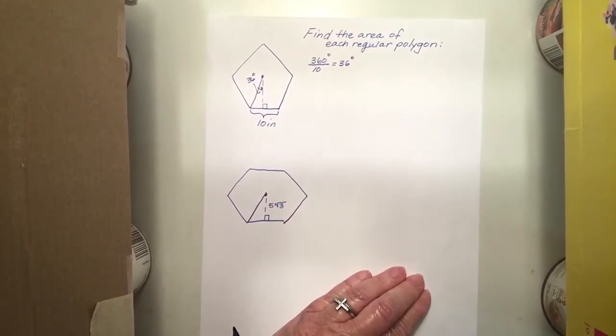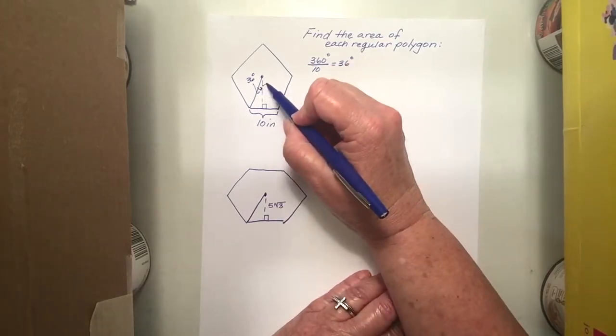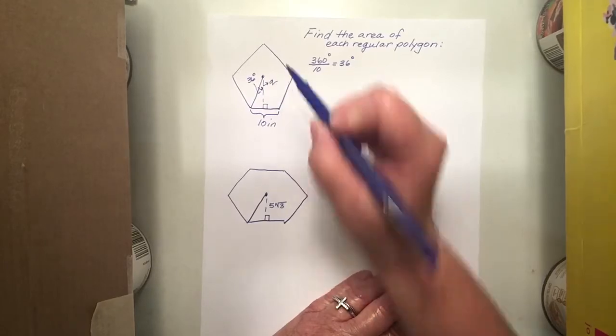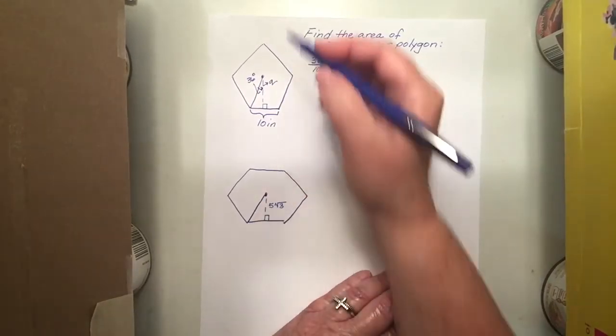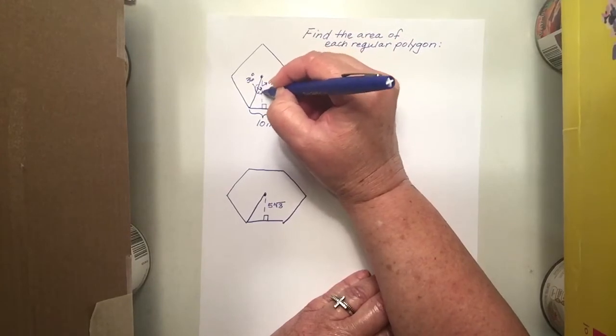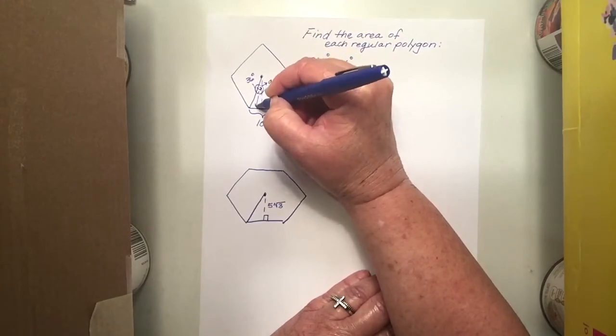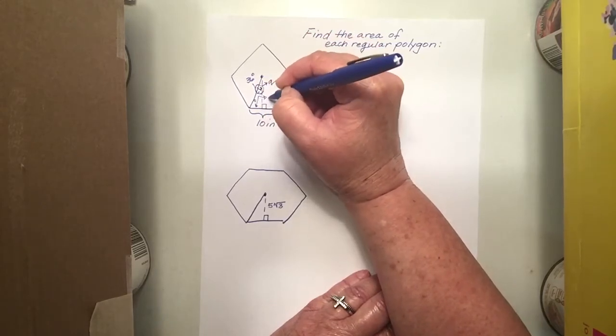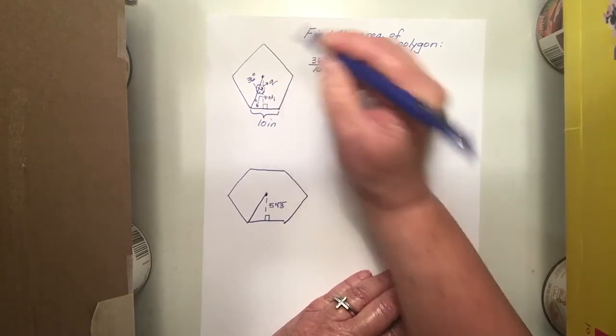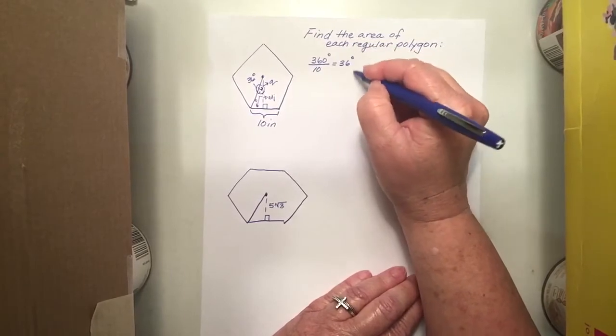Then I have to use trigonometry. I need to find this side, which is the apothem, and that little cursive A stands for apothem. So I'm going to circle this point here and here, which should be opposite and adjacent, and that's going to be tan.